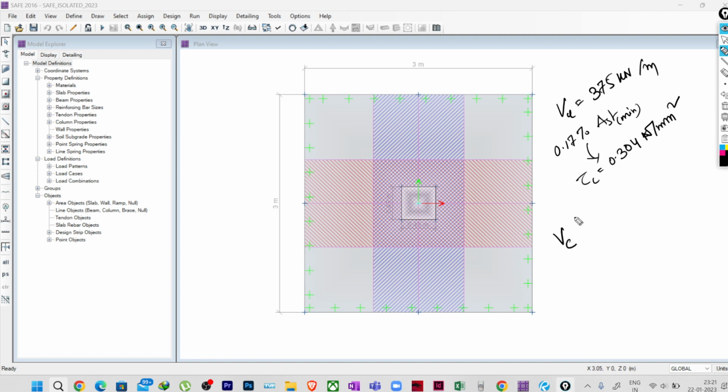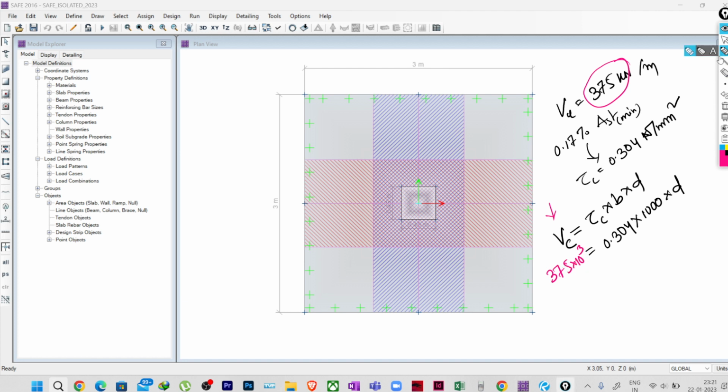The shear capacity of the concrete section is nothing but tau c into B into D. If we write it here like this, 0.304 multiplied by 1000 for per meter width multiplied by D, and if we place this 375 here, 375 multiplied by 10 cube.